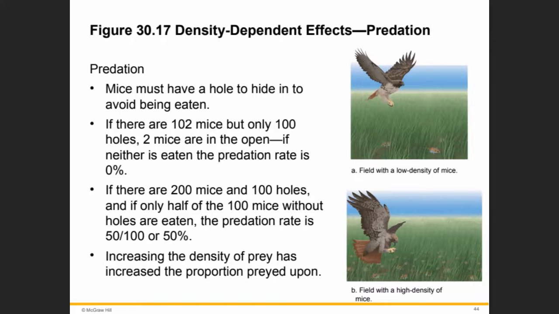However, some predator and prey populations increase and then decrease in population size. A famous example is the Canadian lynx.